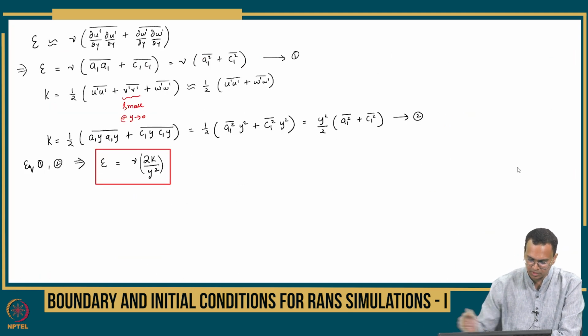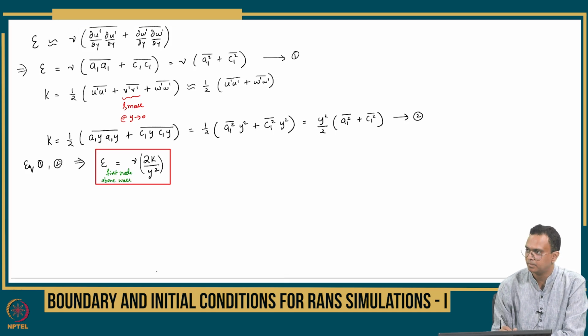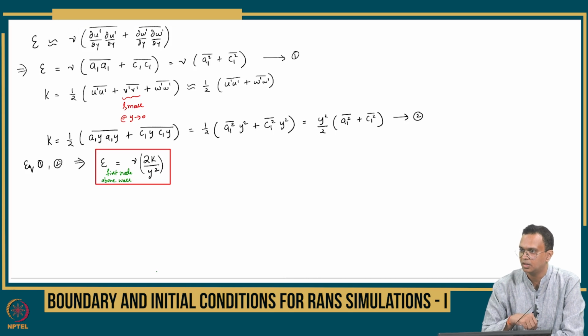So this is epsilon. So you can write it here, epsilon, which is the first node above the wall. Okay. First node above wall, then only k will be non-zero, and we have a magic here. Epsilon had no y dependency, but now suddenly it is 1 over y square dependency.